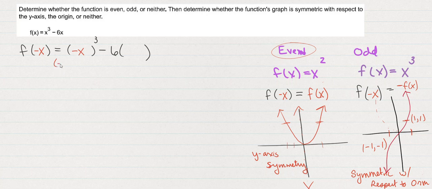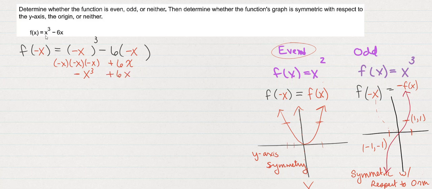And if I expand that, we end up with the opposite of x cubed, right? So our three x's, x times x times x, there's x cubed, but a negative times a negative times a negative would be negative. And then negative 6 times the opposite of x would be positive 6x, because the negative times the negative is positive.